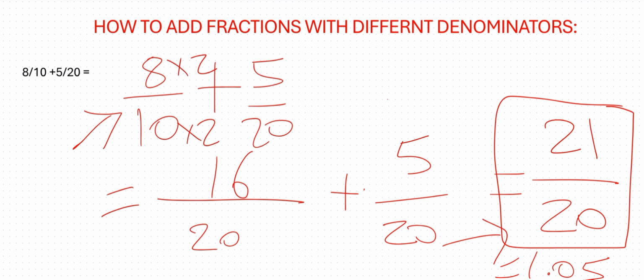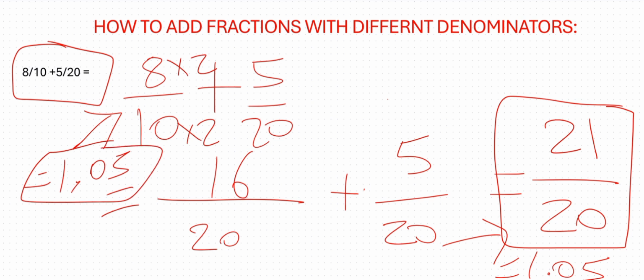If we do the same thing to this number here, 8 divided by 10, my bad, that is 0.8. So 0.8 plus 5 divided by 20, which is 0.25, is 1.05.